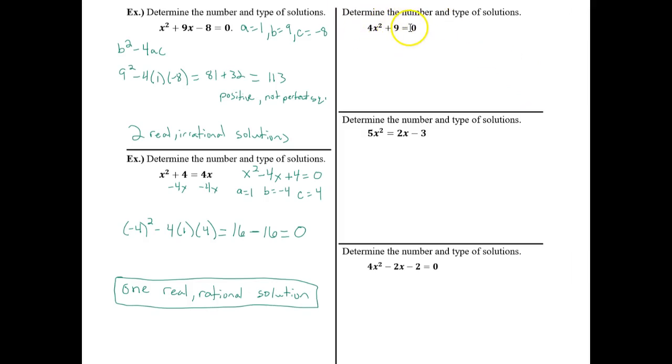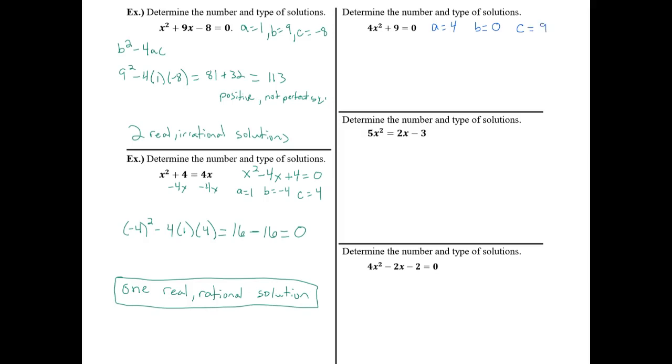Okay, first example on the right. 4x squared plus 9 equals 0. That's in standard form. We can identify a is 4. And what is b? Well, there was no x term, so b is 0. And c is the constant, which is 9.